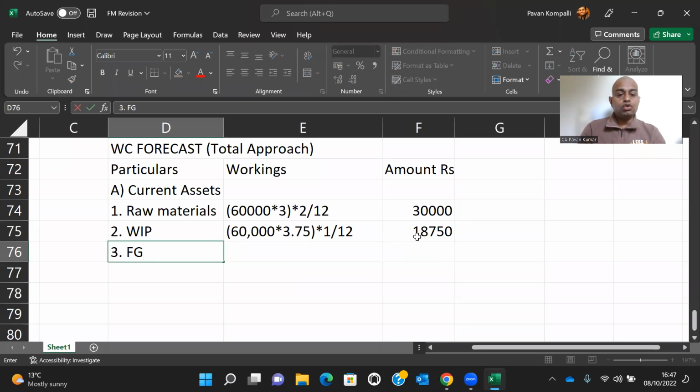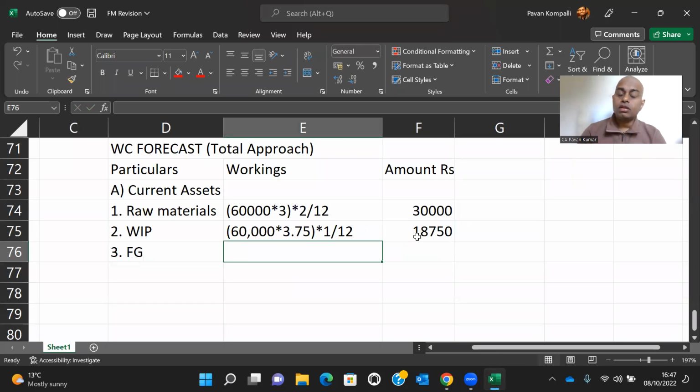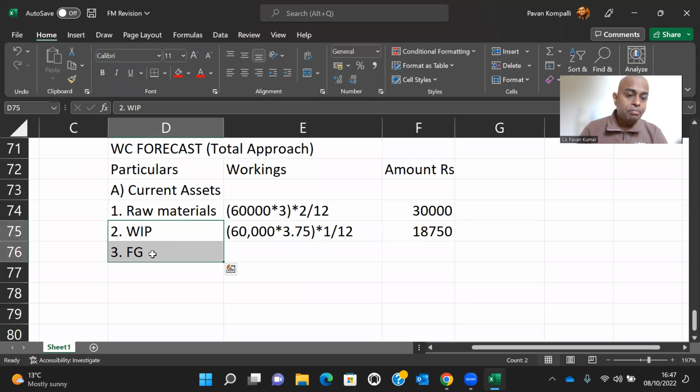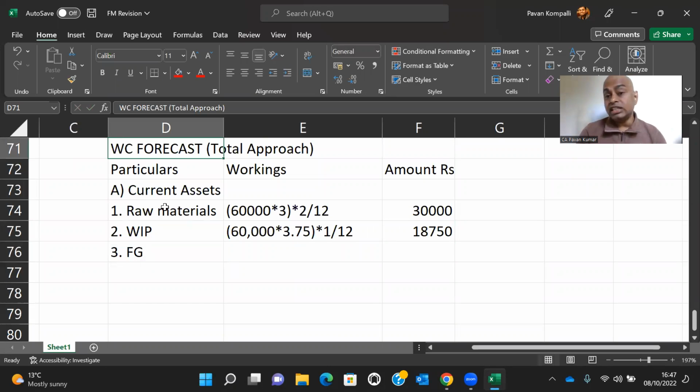3, can I write finished goods? In the exam, don't use these kinds of abbreviations: WIP, FG, WC. That is informal. You are expected to be obedient, submissive, humble, formal, pleasing.